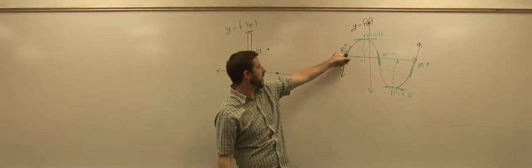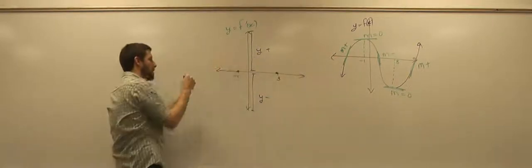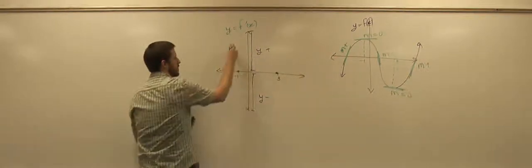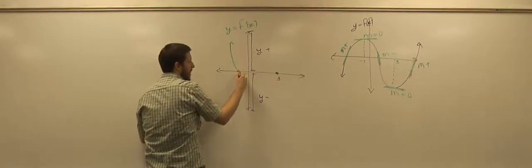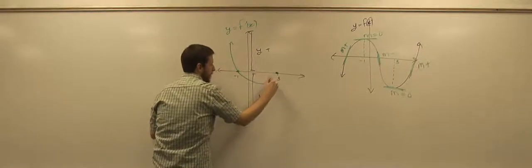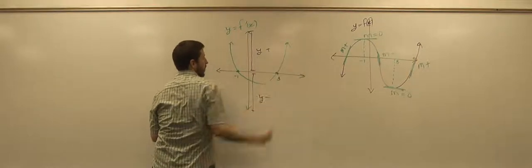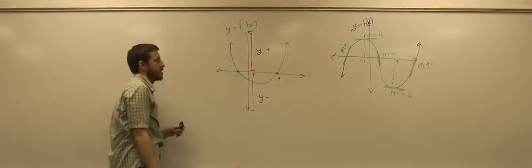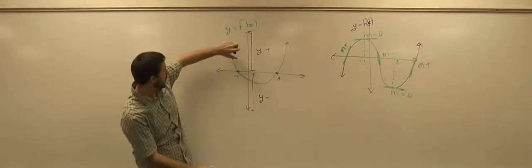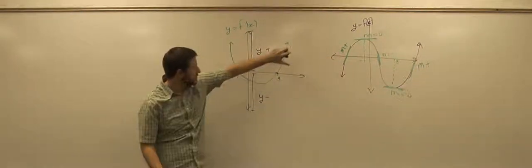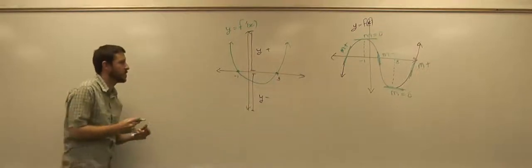Since the slope is positive over here, that translates to y positive on the derivative. So you have y positive before -1, y negative after, and then y becomes positive again after 3. Because it goes positive, negative, positive on the slope, it goes above the x-axis, below the x-axis, above the x-axis on the derivative.